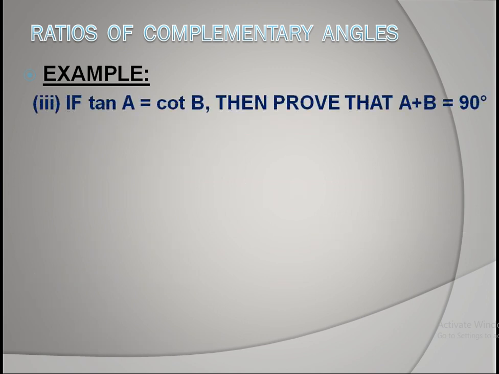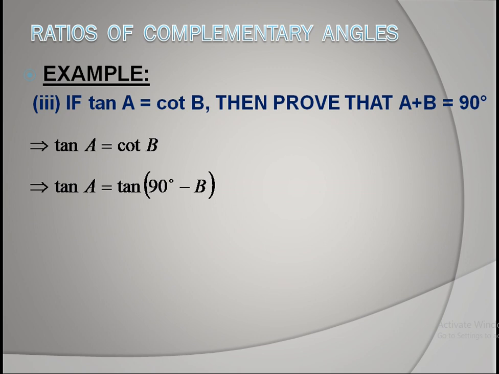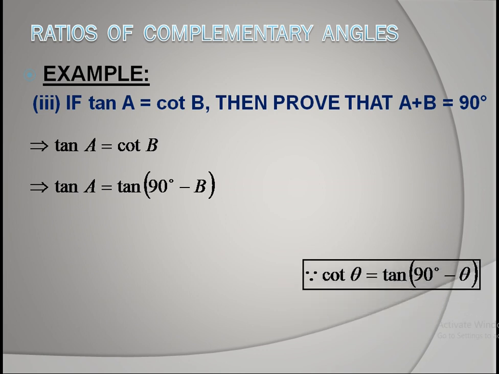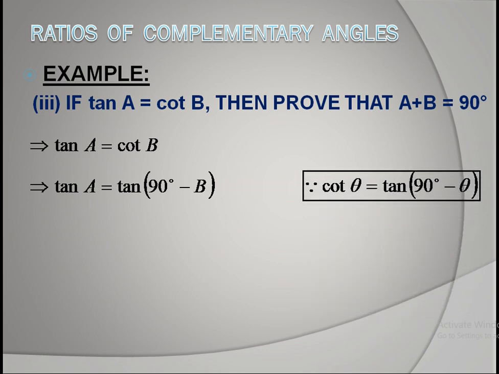Now next example 3. If tan A is equal to cot B, then prove that A plus B is equal to 90 degree. Here it is given in the question tan A is equal to cot B. This implies tan A is equal to tan(90 degree minus B), since we know that cot theta is equal to tan(90 degree minus theta).